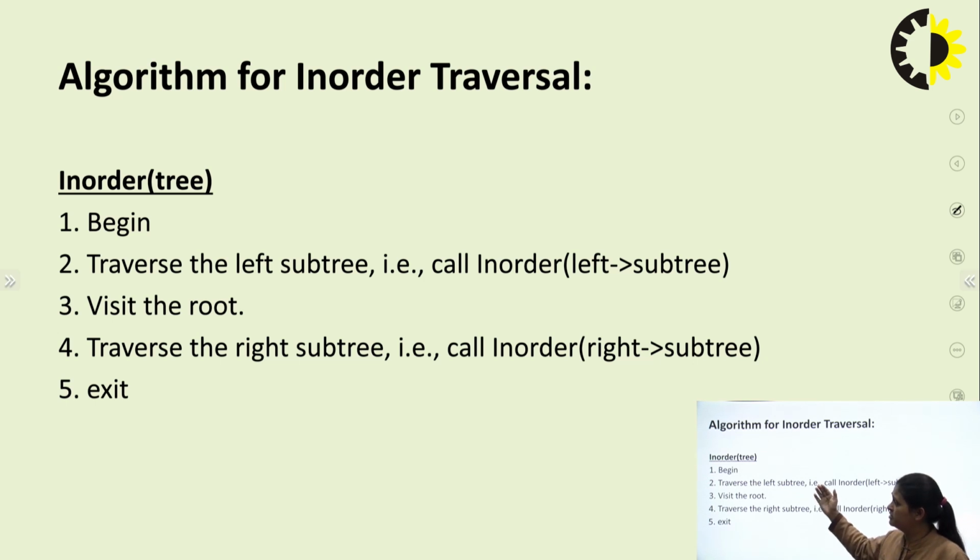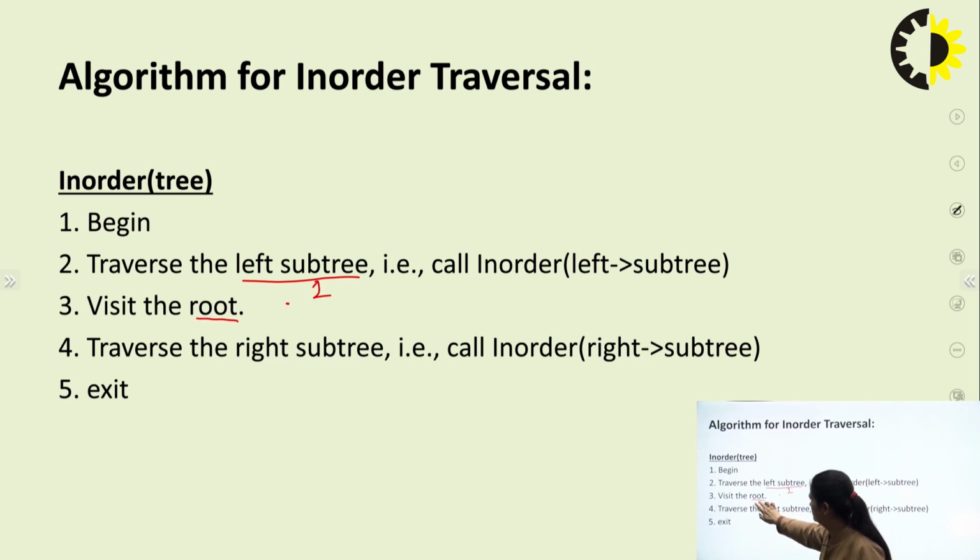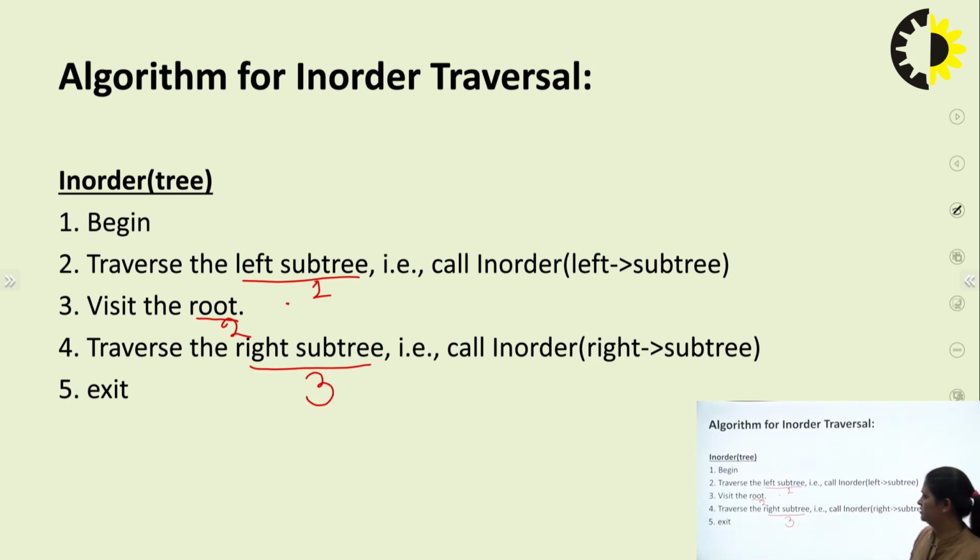So first we traverse the left subtree, then the root, and after that the right subtree. Then after visiting all the nodes, we exit the algorithm.